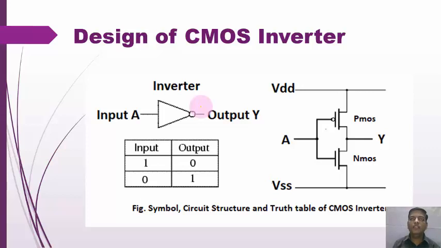And inverter, can everybody tell what it means? Everybody should know inverter, because all the students are from final year, so they know what an inverter means. Inverter simply inverts the function. Whatever we apply, exactly the complementary function you get at the output terminal. If you apply input 0, you get output 1 at the output terminal.